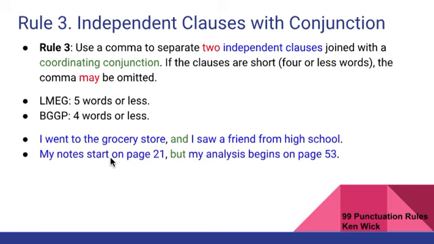Another example, once again, the blue highlighted text are independent clauses, and you have a coordinating conjunction, so you put a comma in between them. My notes start on page 21, it's the first independent clause, comma, but my analysis begins on page 53.